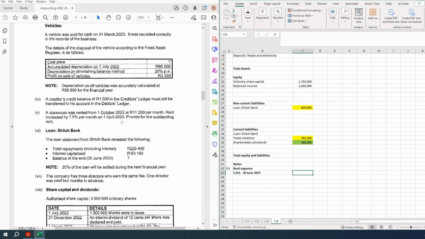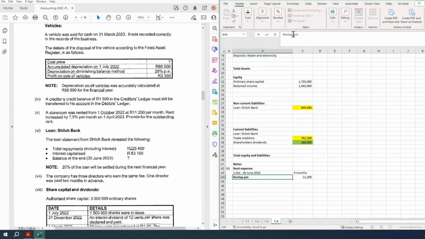Okay, so this would then make it 9 months. Okay, and then rental per month. So that's been given. So that's 11,200. Okay, and then from 1 October up until the 1st of April. So that'll be 6 months, right? So then I need to work out 6 months of rent before the escalation happened.